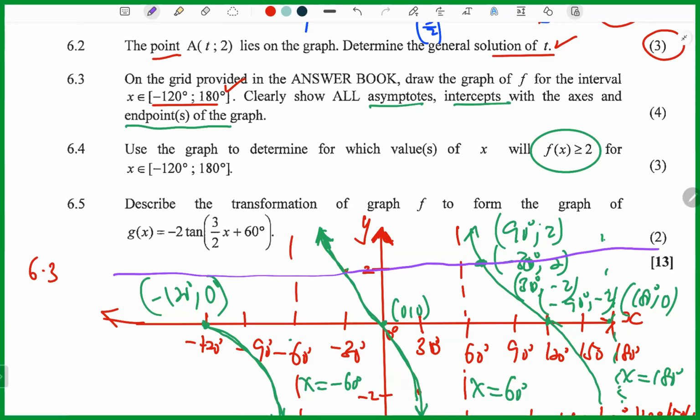Now, for which values of x will that be? So we're looking at parts where the function is above. So there it's above, but here it is below. Here it is above, but here it is below. Okay, right, so for what values of x is that the case? And we together analyze that, which means it is that x, for instance, x minus 60 degrees.